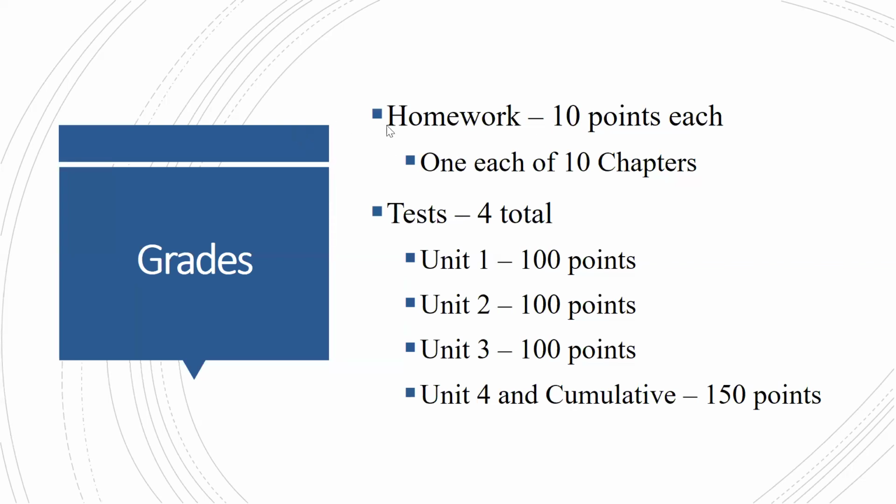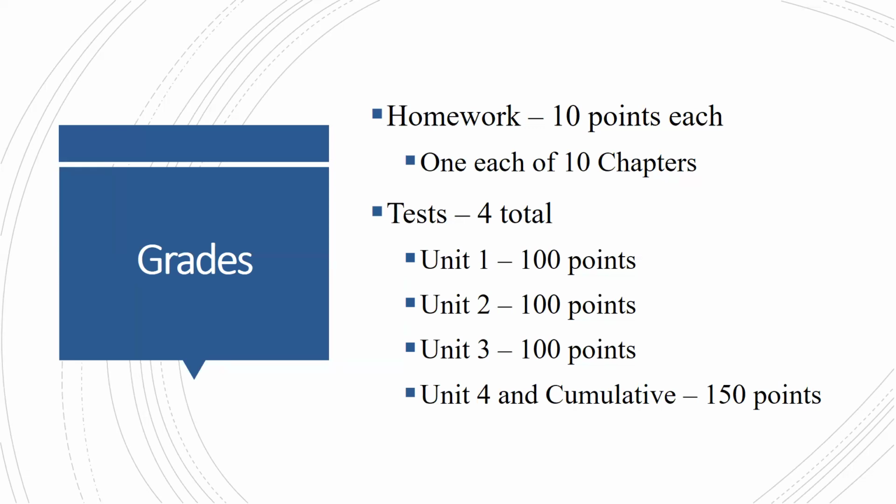So that's what's on this slide. Again, each homework assignment is worth 10 points, 1 for each of the 10 chapters. And there are 4 tests. Unit 1 is worth 100 points. Unit 2 test is worth 100 points. Unit 3 test is worth 100 points. And Unit 4 test plus the cumulative portion is worth 150 points.